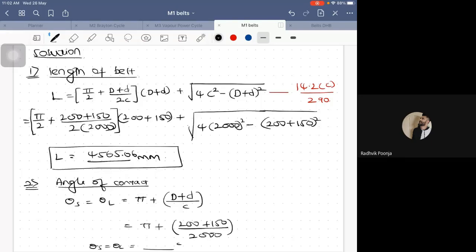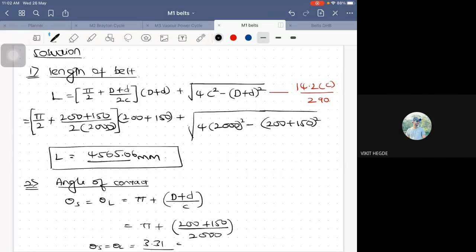What is the value in radians? 3.31 radians.